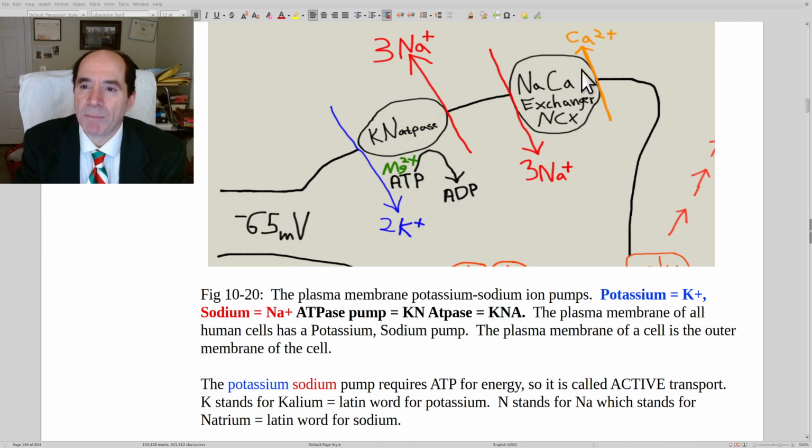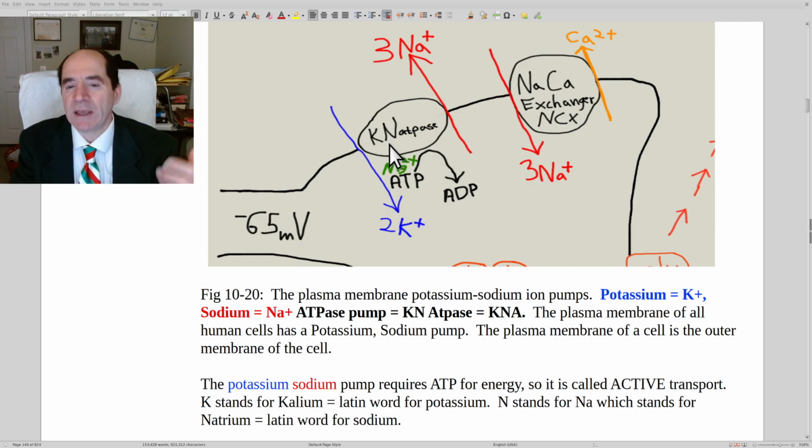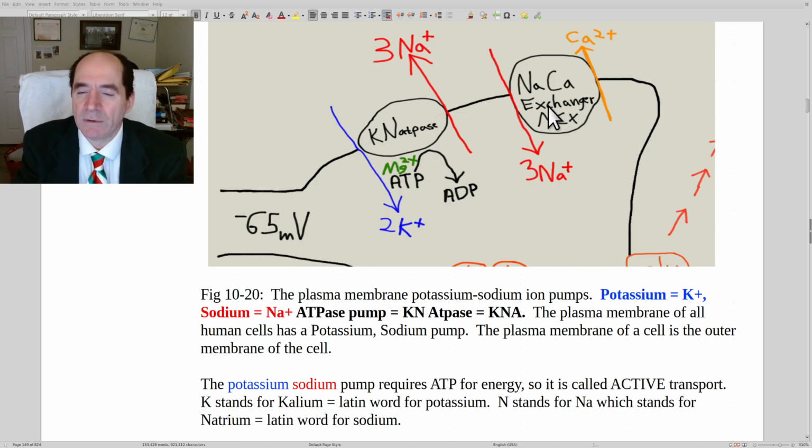So the calciums are pumped out, and you do that by allowing some sodium to come into the cell. The reason it all works is because there's far more of these potassium sodium ATPase pumps than there are of these guys, like NCX exchangers. NCX is Na for sodium, Ca for calcium, X for exchanger.